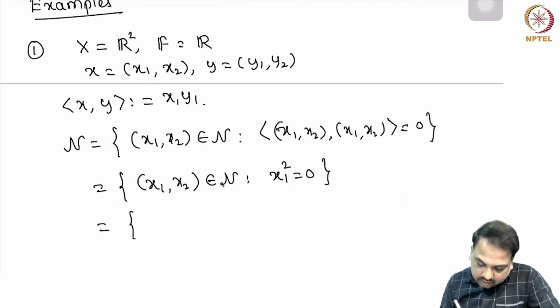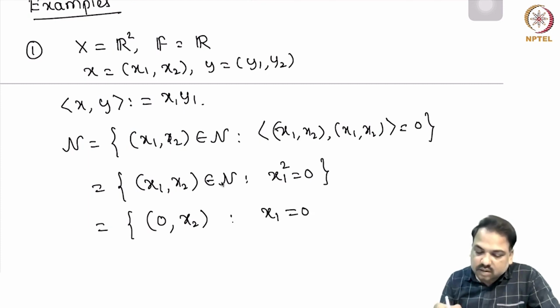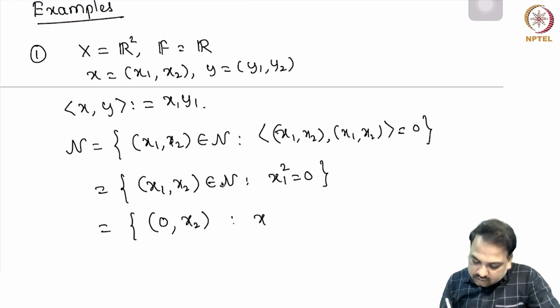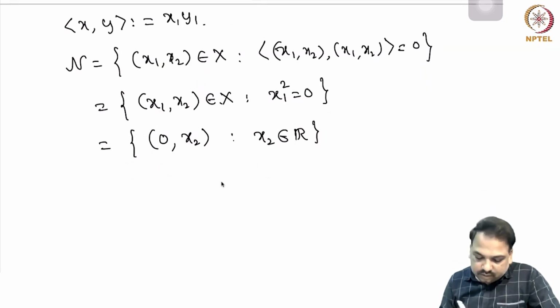So this is nothing but (0, x2) such that x2 is coming from R. So this is nothing but the y-axis.